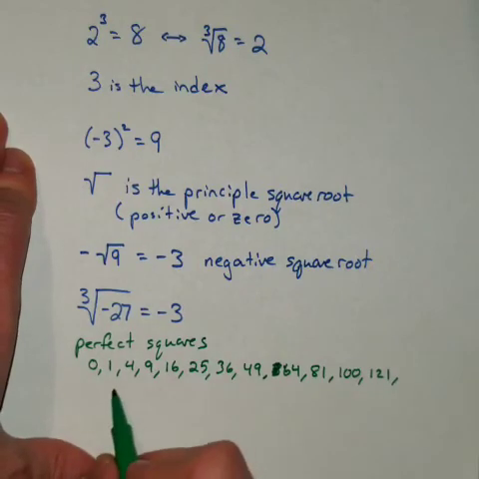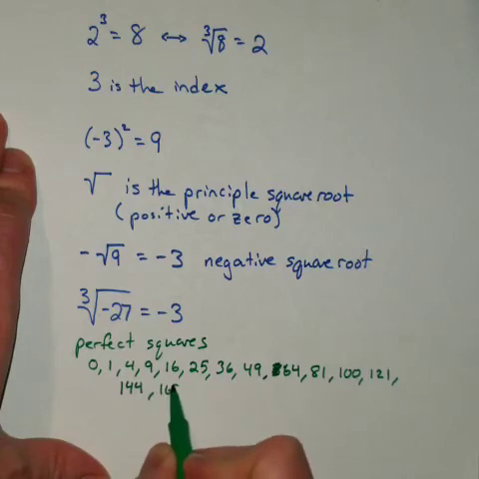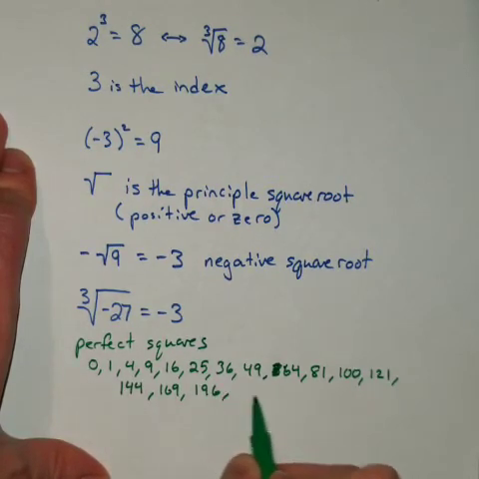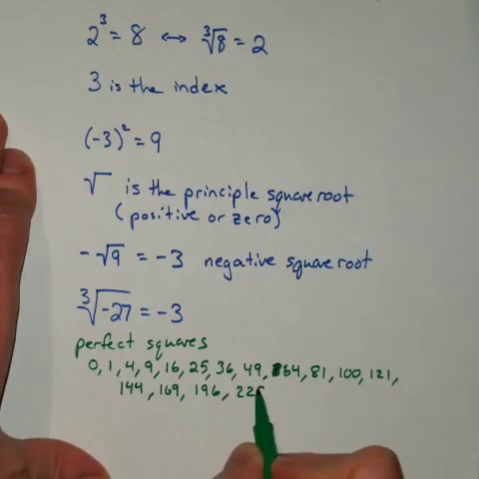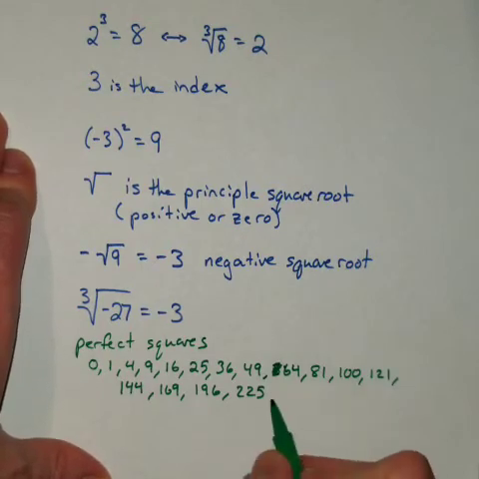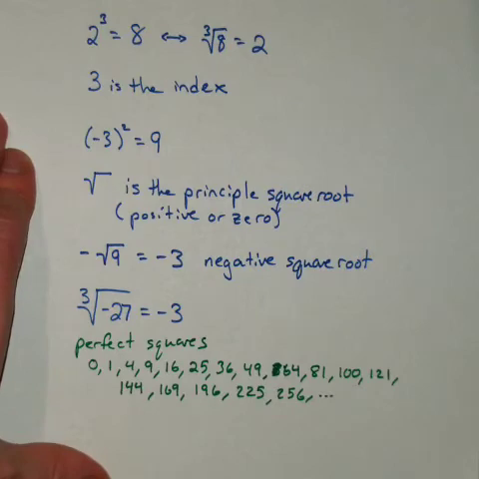I can run down here. 144 is 12 squared. 169 is 13 squared. 196 is 14 squared. 225 is 15 squared. 256 is 16 squared. And I'm going to call that good. So these are some of your basic perfect squares. You're going to want to be able to recognize those and use them.